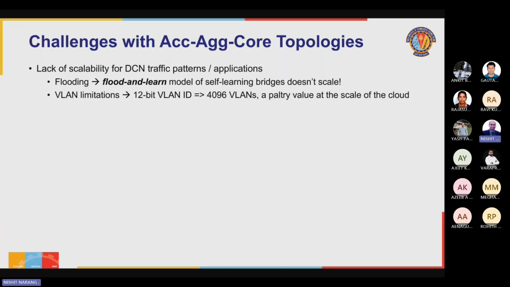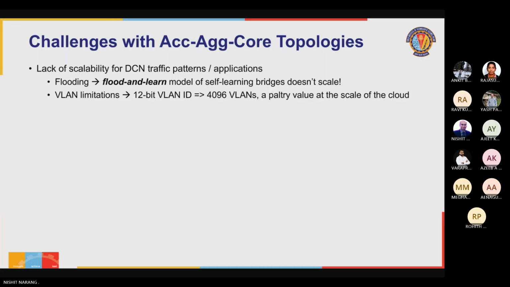If I start using VLANs, which is one of the solutions we arrived at, the number of VLANs that I can create in a data center network is still limited by the number of VLAN IDs that exist.